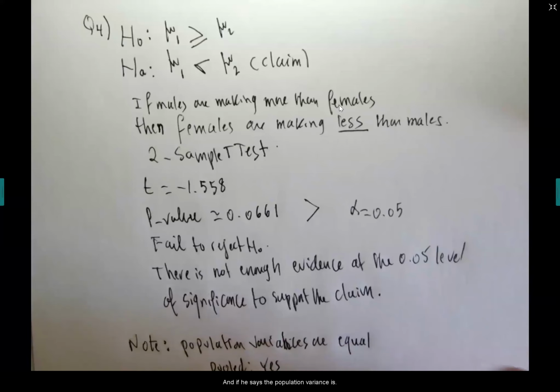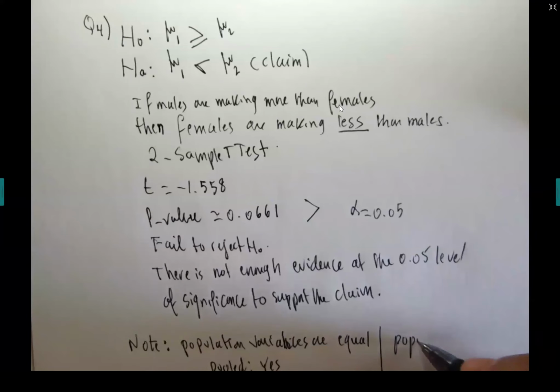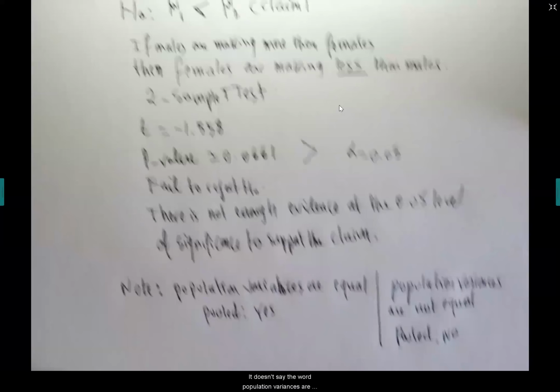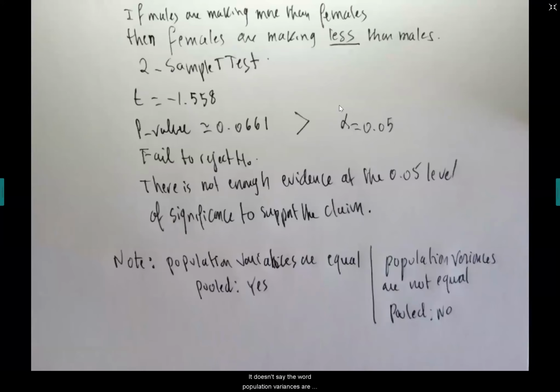And if he says population variances are not equal, we use pooled, no. But sometimes, guys, he doesn't say the words population variances are equal.